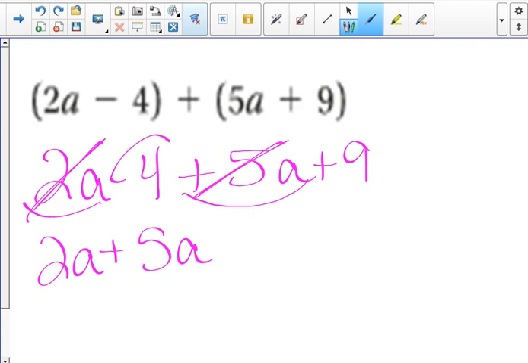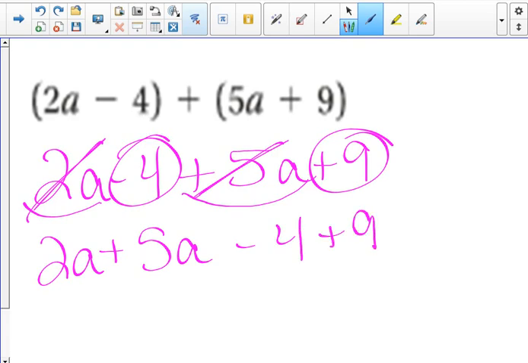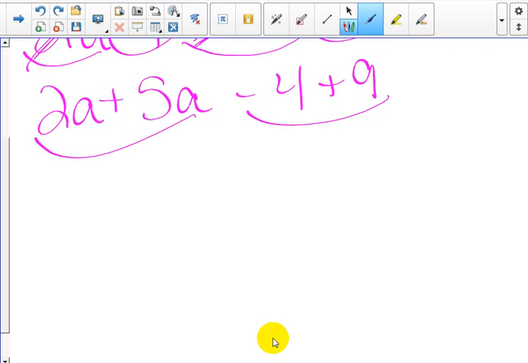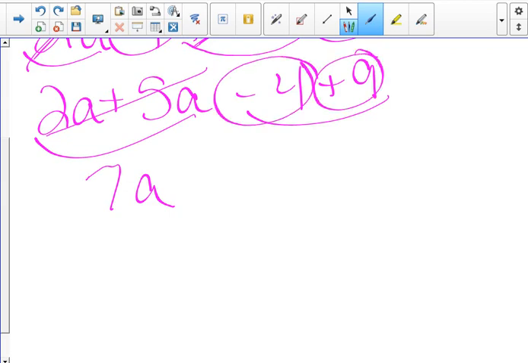And then we've got these two terms, negative 4 and 9. So I'm just regrouping by like terms. So I have my a's together and my constants together. All right, now let's combine the like terms. So 2a plus 5a is 7a. And 9 plus negative 4 is a positive 5.